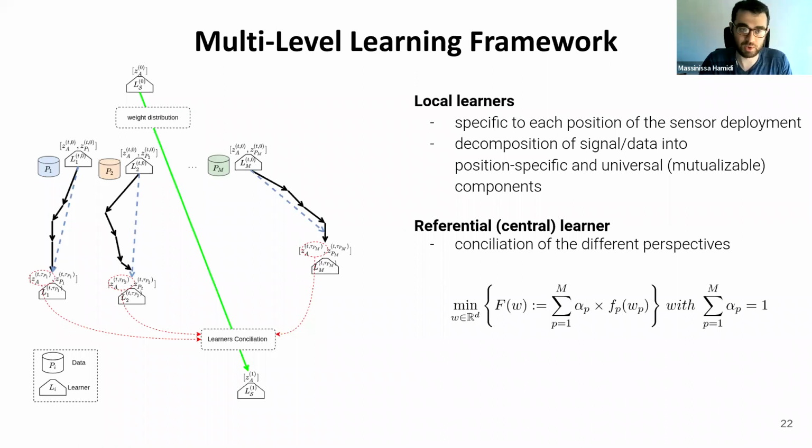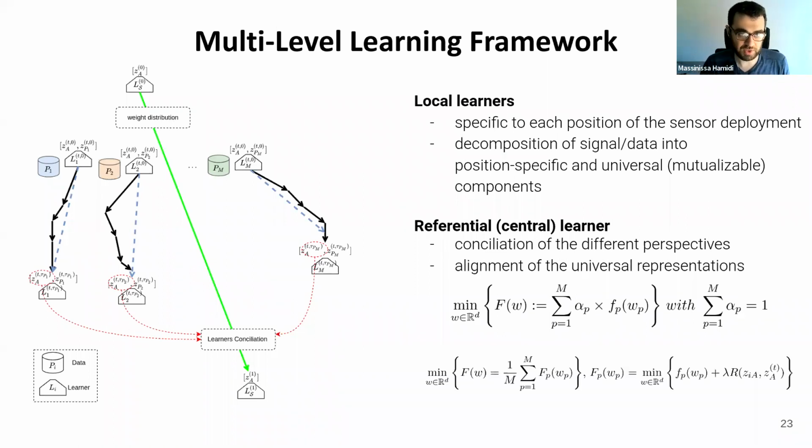After the local learner learns and tries to decompose the signal, there's a central level where a reconciliation is carried out between the different perspectives, with an aggregation of the weights of the local learners from each of the positions considered. This aggregation is weighted with weights which can themselves be learned, and the problem that can arise here is the divergence of the weights of the learners.